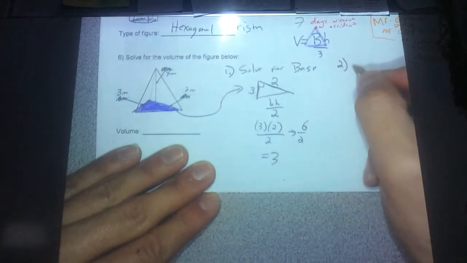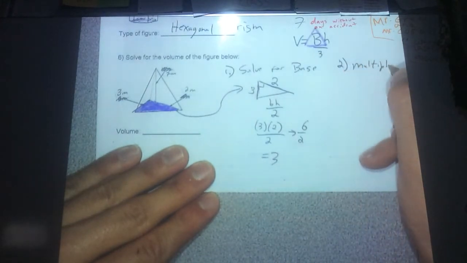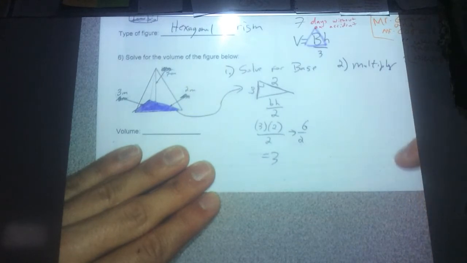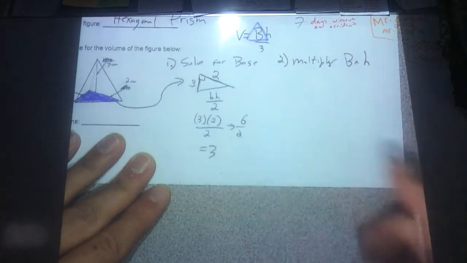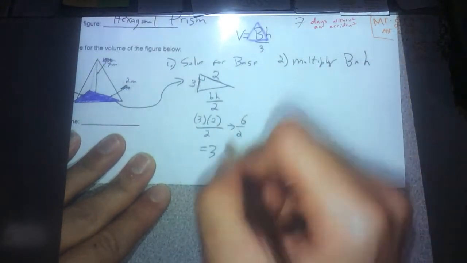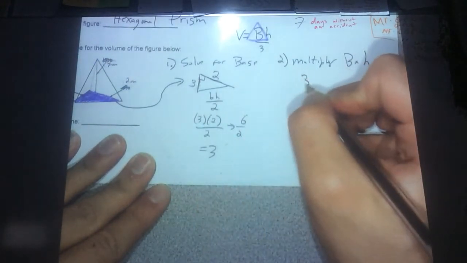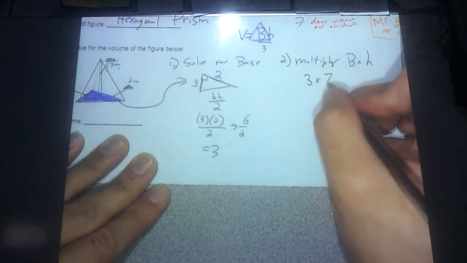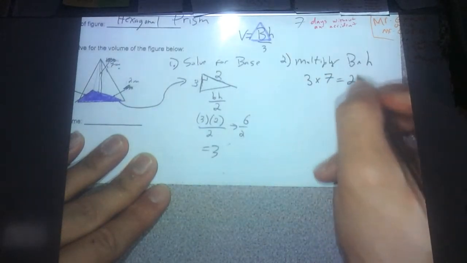Second step, we're going to multiply the base times the height. And this B is the area of the base. We saw that that's 3. So it's going to be 3 times how tall it is, which is going to be 7. So 3 times 7, and that's going to be 21.